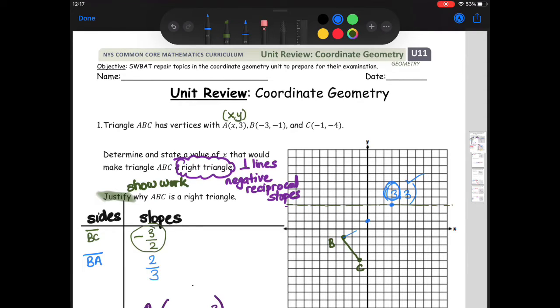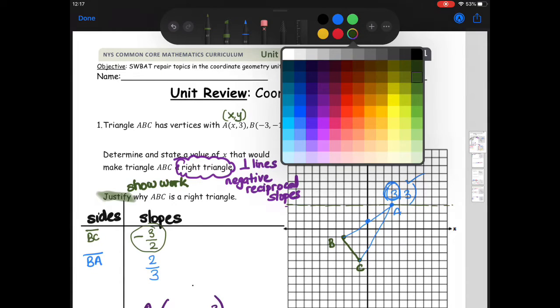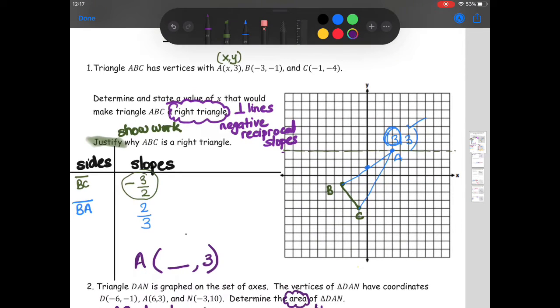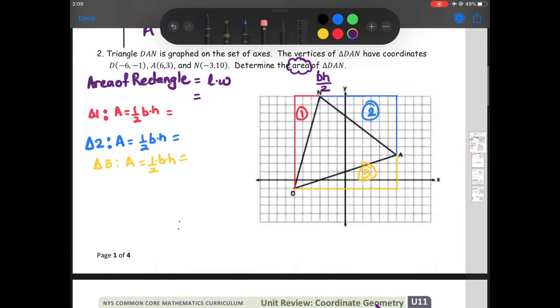So this is my point A. I'm just going to use this marker and freehand, and this is my point A. So what were the coordinates of your A? It is 3 comma 3. So let's fill that in. That's 3 comma 3.